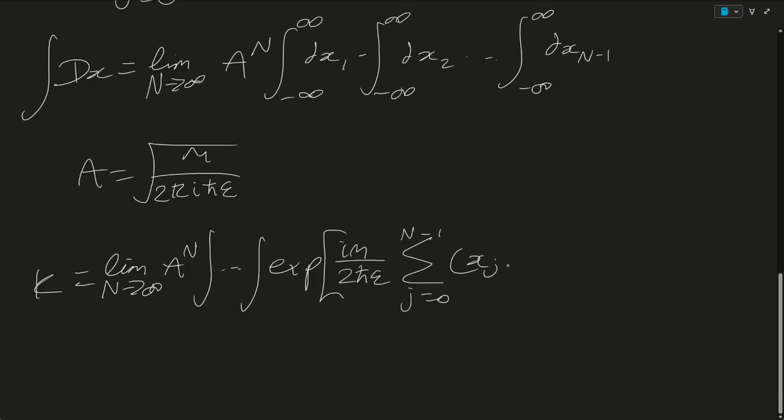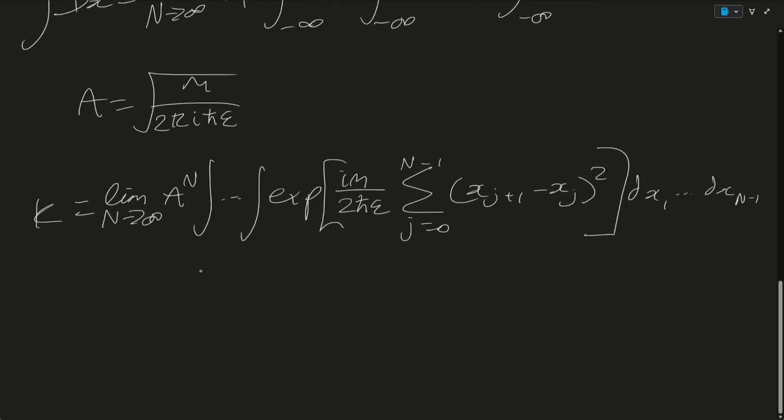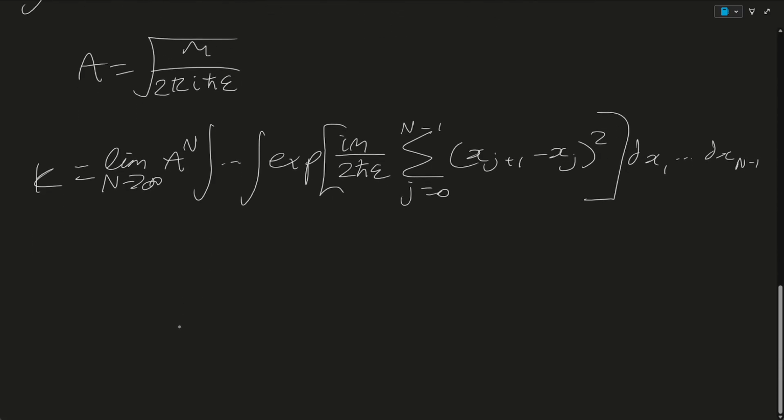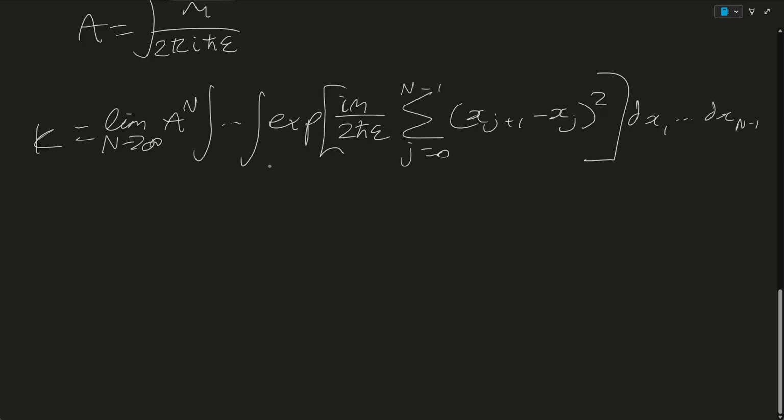Of (x_{j+1} - x_j)^2 dx_1 ... dx_n, because obviously there's a lot of integrals there. Simplify that a bit. I'm going to define a constant alpha to be m over 2i hbar epsilon.